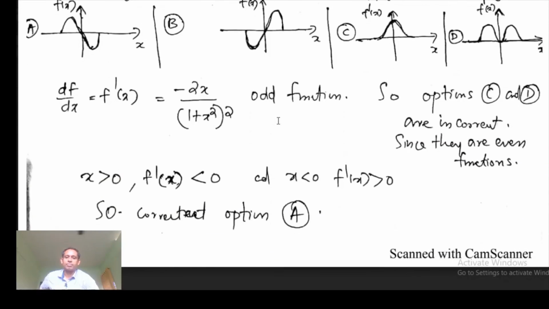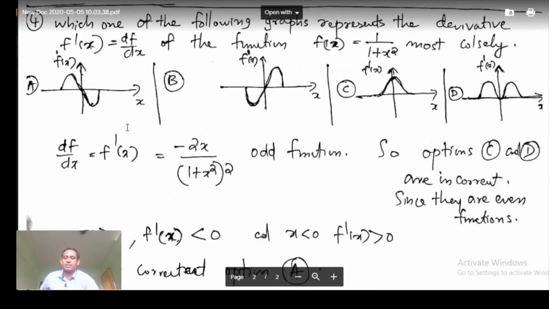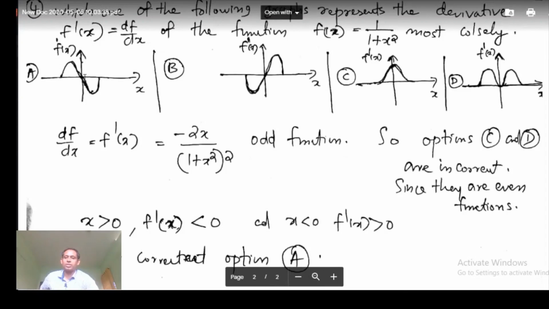Yes, when x is positive, f prime of x is negative. When x is negative, f prime of x is positive. So this one, option A is the correct answer.